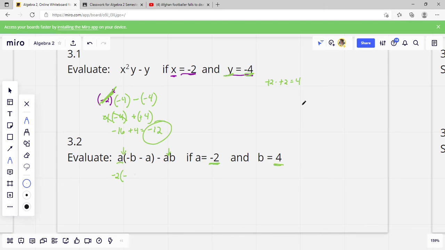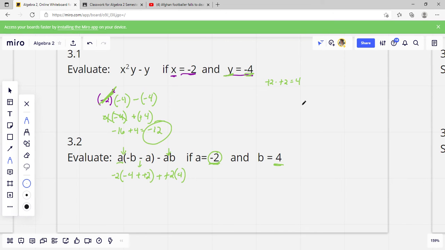B would be -4. I'm going to bring down that negative sign, A, which is -2. See, I have two negatives next to each other. I'm just going to cancel those. All right, minus A, which is another -2. Okay, cancel those. And that's times B, which is 4.